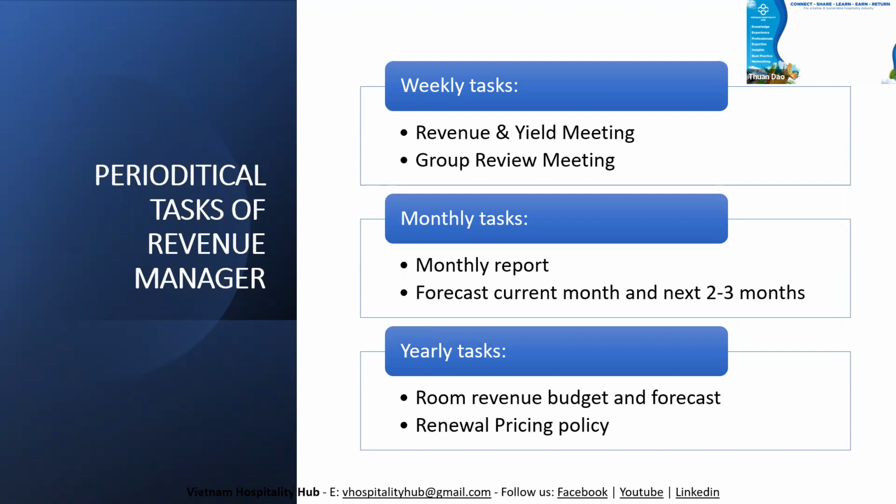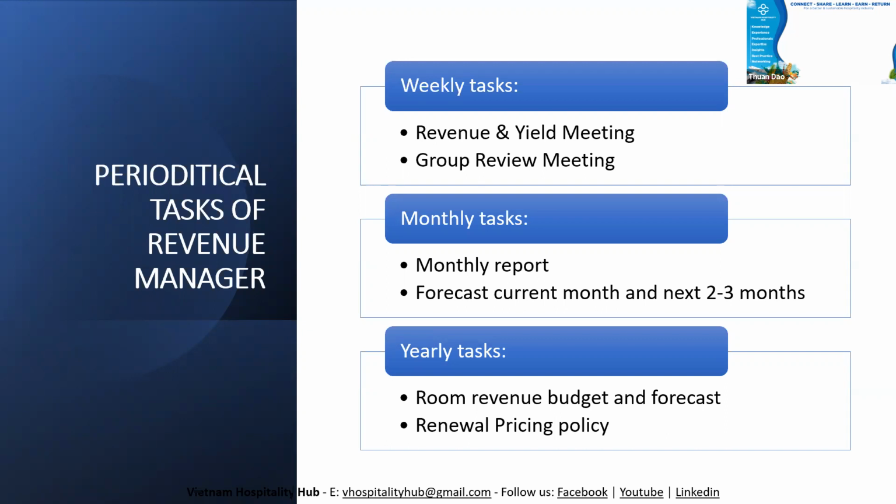Then another is the group meeting review. Some hotels combine the 2 meetings into one, but some hotels separate them into 2 meetings. It still depends on how you can arrange your time. For the group meeting, the revenue manager will review the group status together with the sales team.